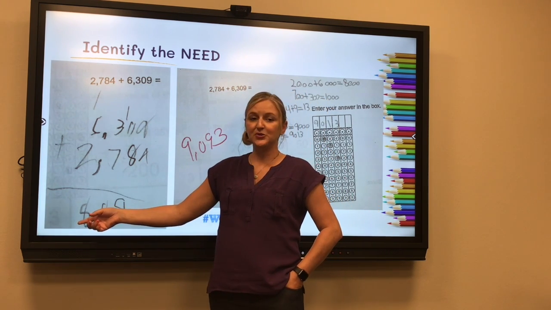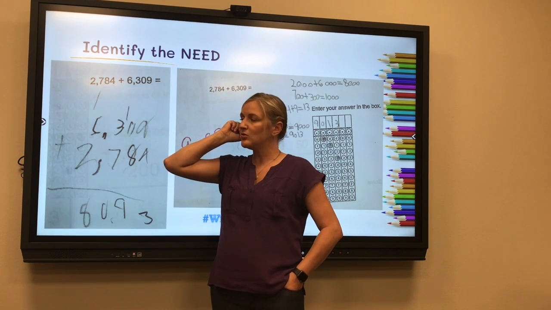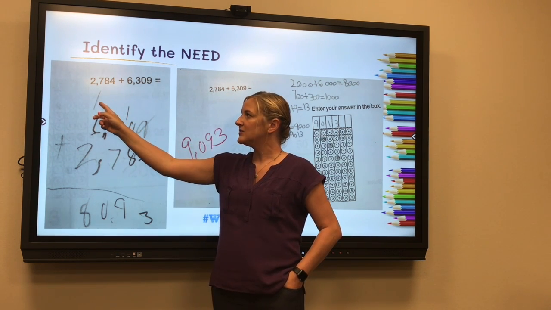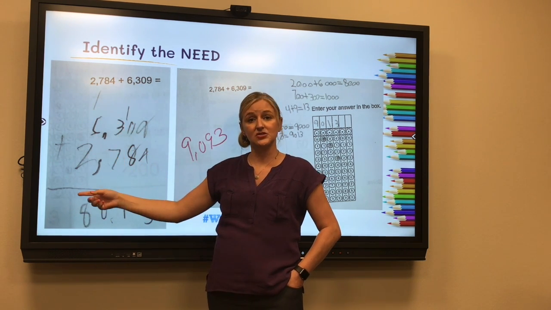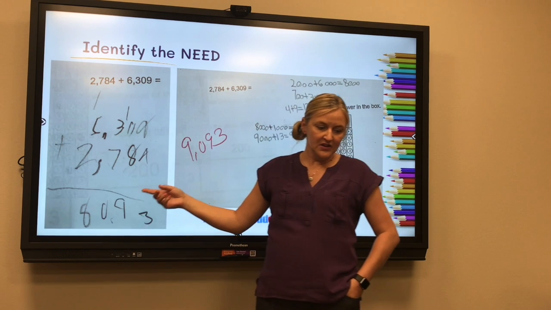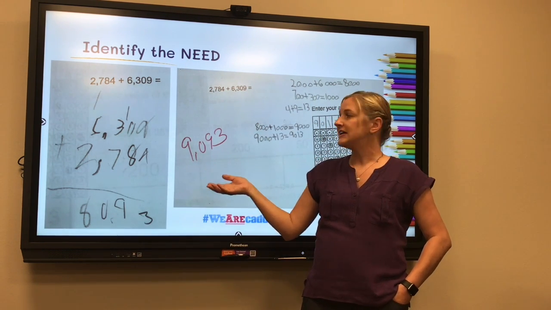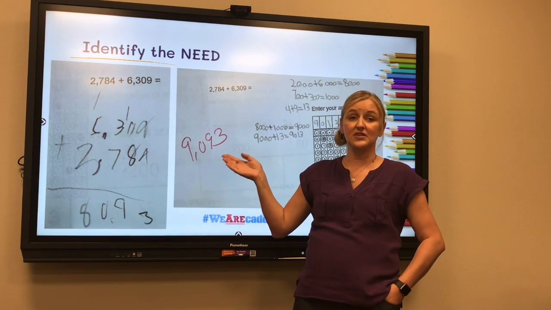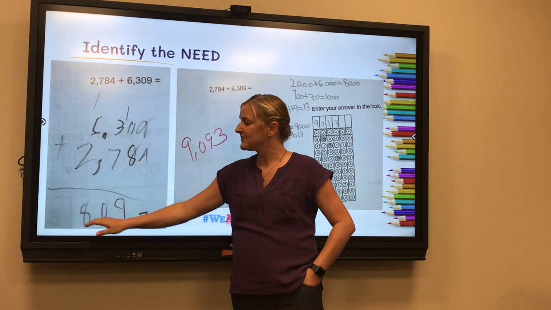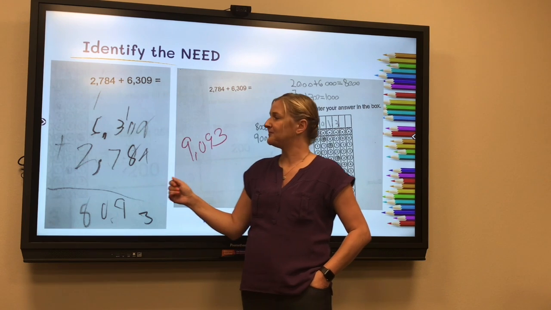But when they went to add in the thousands place, it appears that they may have forgotten the 1, or they don't know that 1, 6, and 2 would equal 9, or 1,000, 6,000, and 2,000 is 9,000. So with that person, they may have just made an error in procedural skill and fluency, so we can actually start that student there because it seems they have pretty good understanding or conceptual understanding of place value.